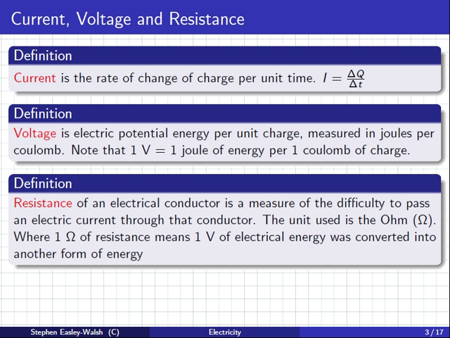Now that other form of energy could be anything. For example, when the current goes through this TV and comes out, the energy wasted, so to speak, was the light coming off the screen.